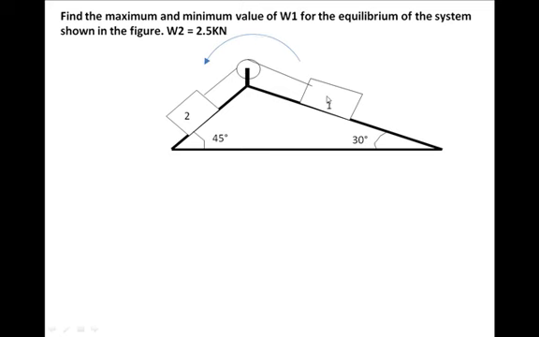The rest of the steps are similar to the previous problem, that is you draw all the forces for each of them, the weight, the reaction and the tension, and you draw friction directions correctly. 0.25 R2, 0.25 R1, and both are in the opposite direction of the tendency of the motion. For 2 it is up, for 1 it is down.